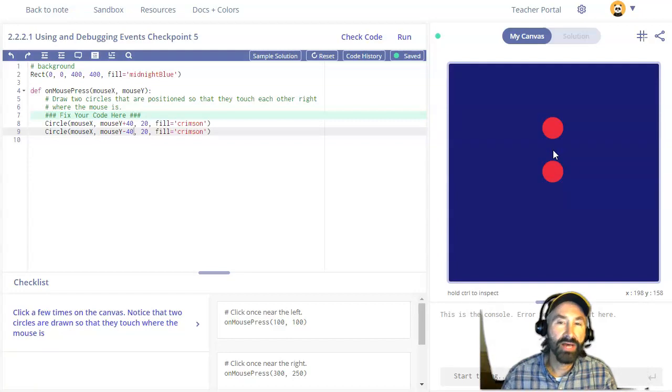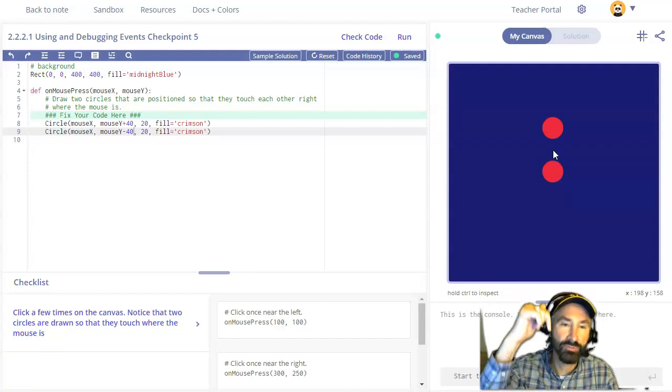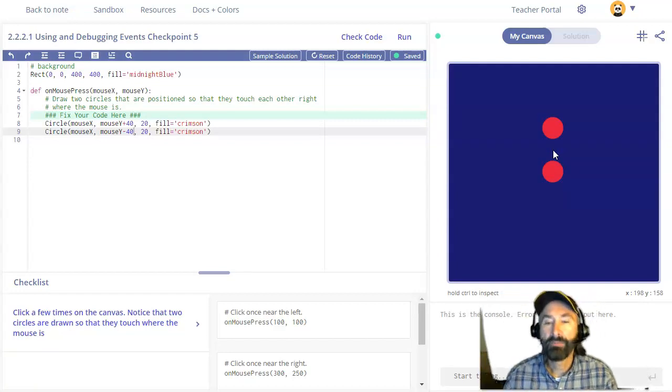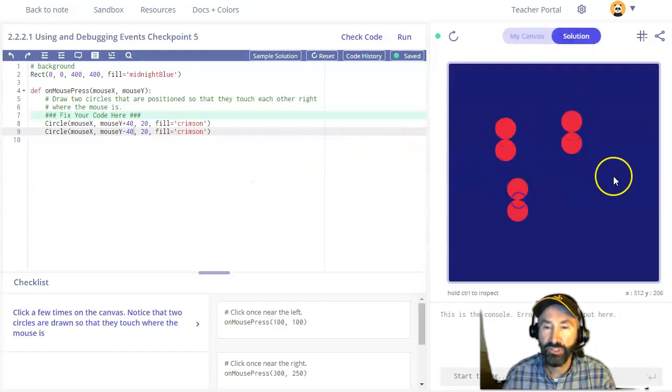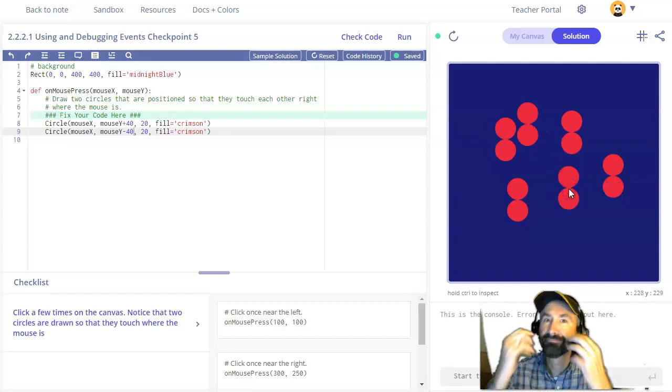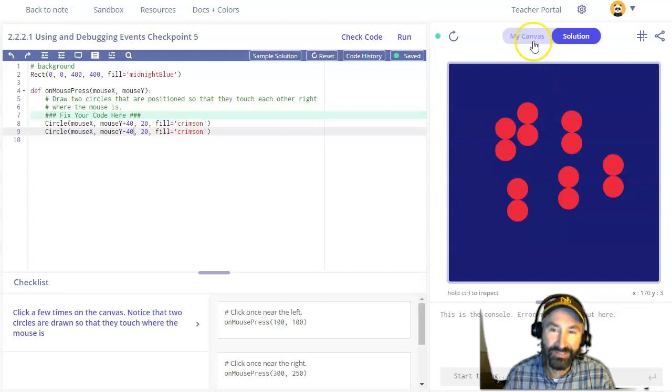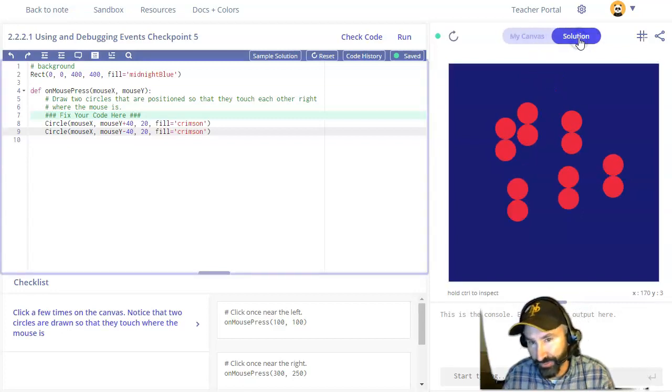Now I've got a circle above and I've got a circle below. I'm going to leave the last little thing for you to figure out on your own: what values should I add or subtract so that my solution works just like their solution?